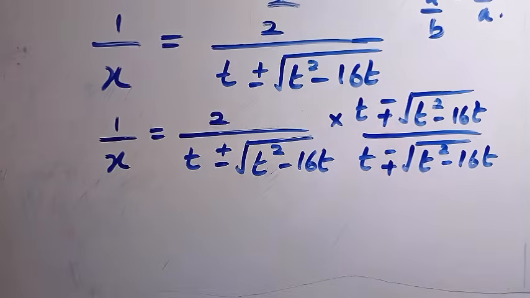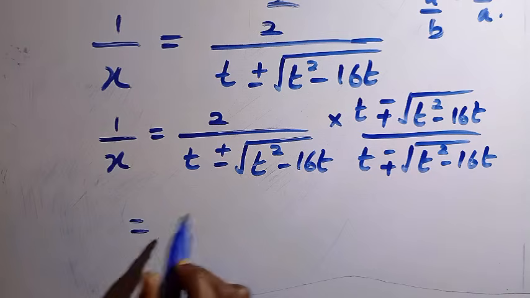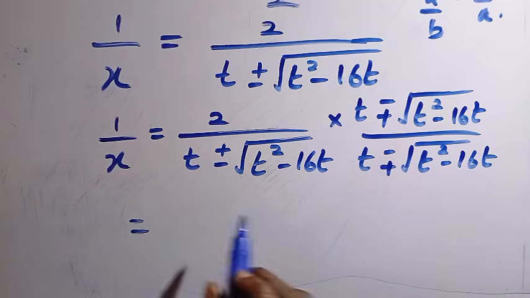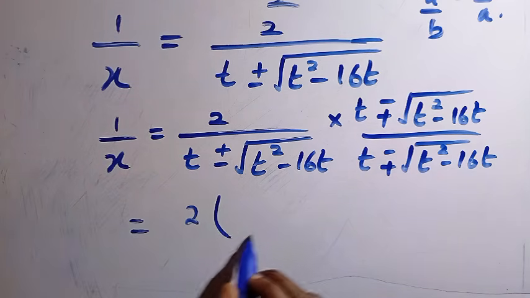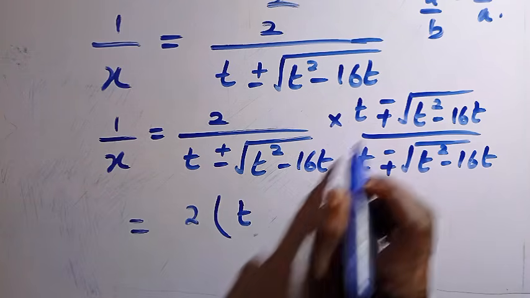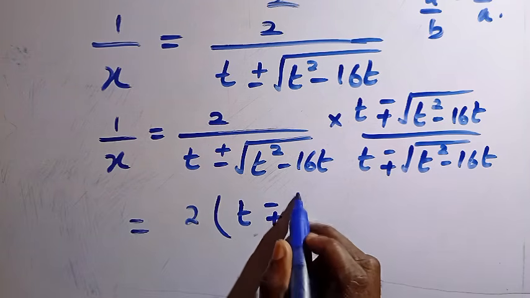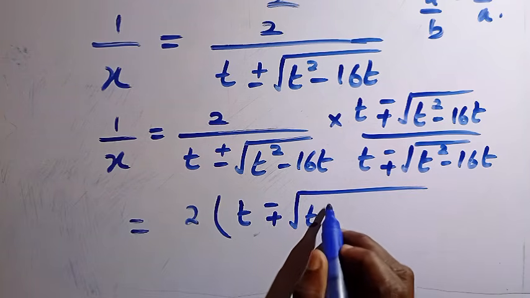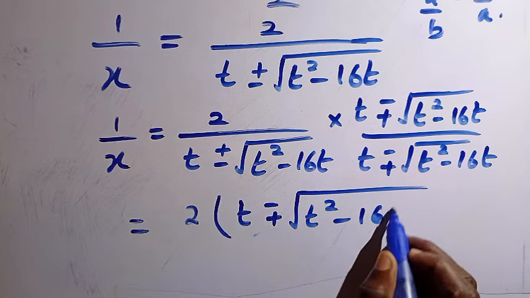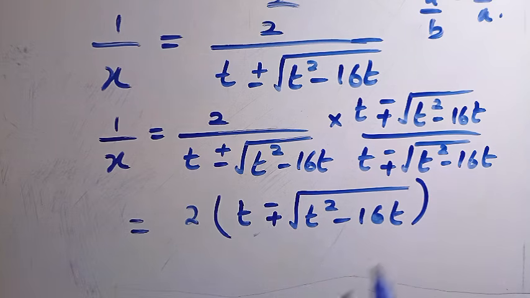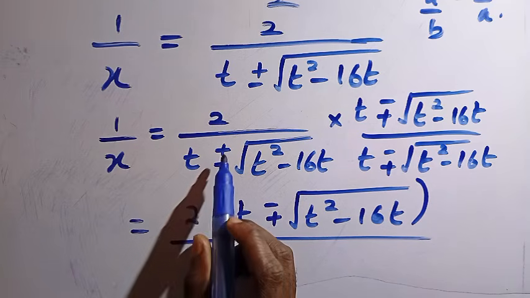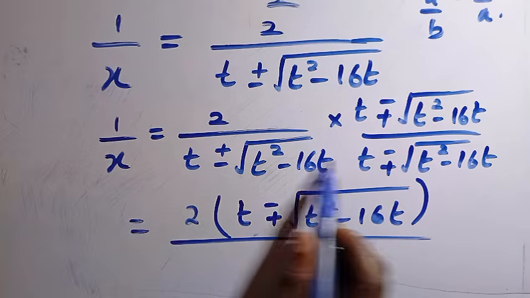So we are going to multiply the numerator and denominator together. We have 2 brackets, the whole of all this, that is t minus plus the square root of t squared minus 16t, then divided by, looking at this side, t and t.